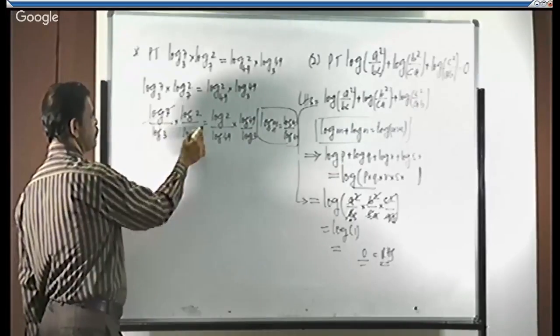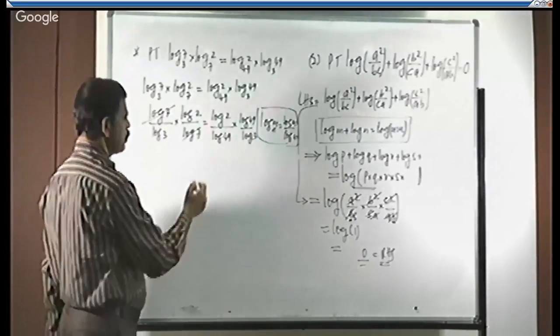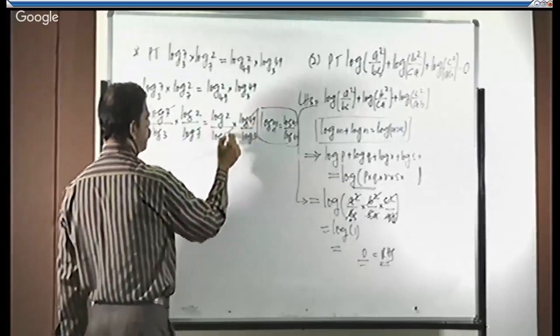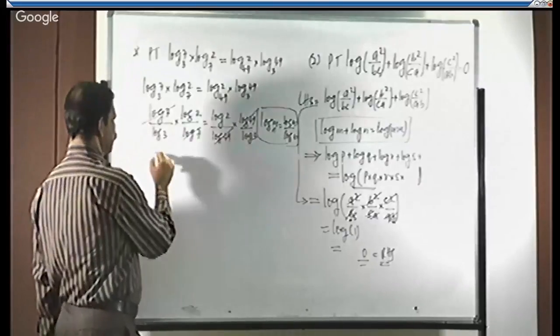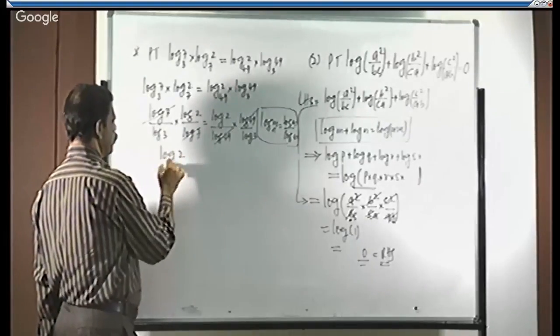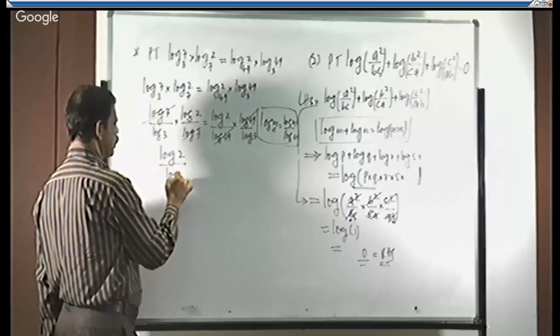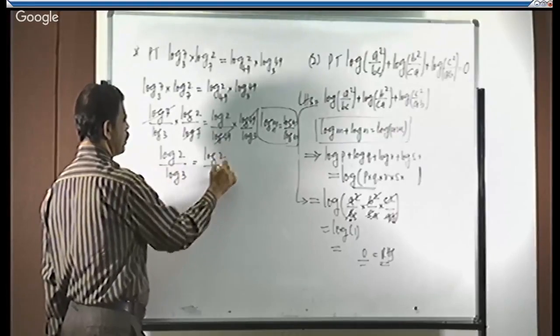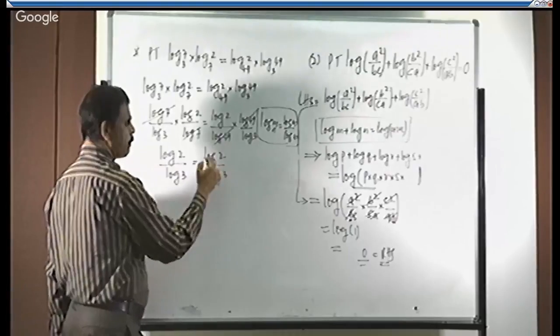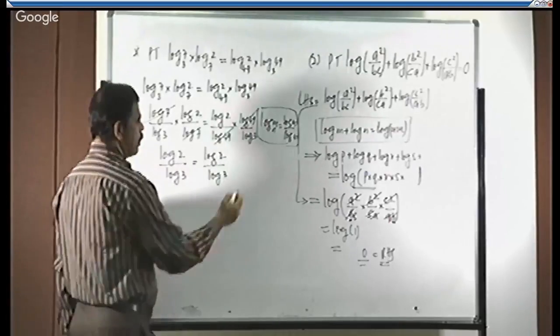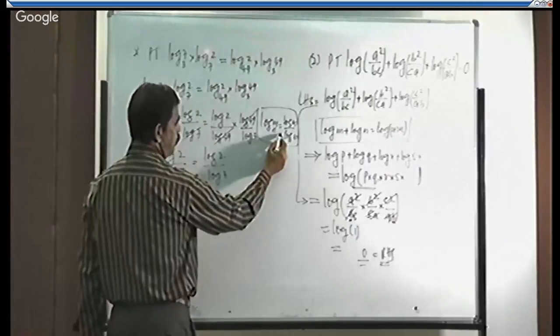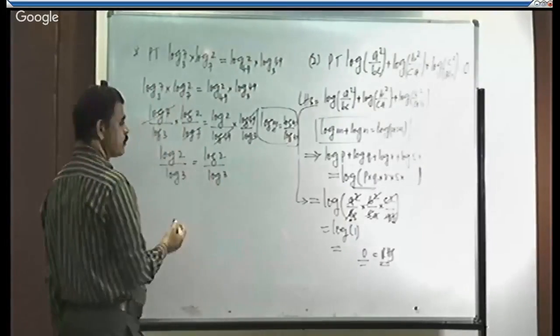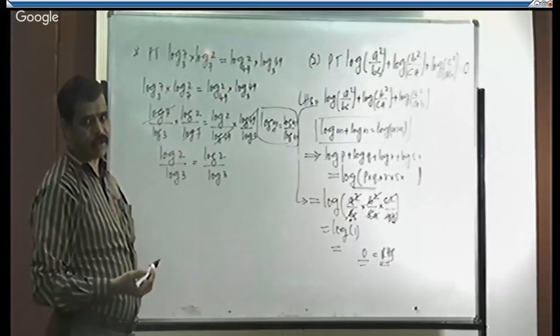So log 7 gets cancelled. Log 49 gets cancelled. What is remaining? Log of 2 divided by log of 3 is equal to, here also we have, log of 2 divided by log of 3. We can reapply this law, otherwise as it is, the left hand side is equal to the right hand side.